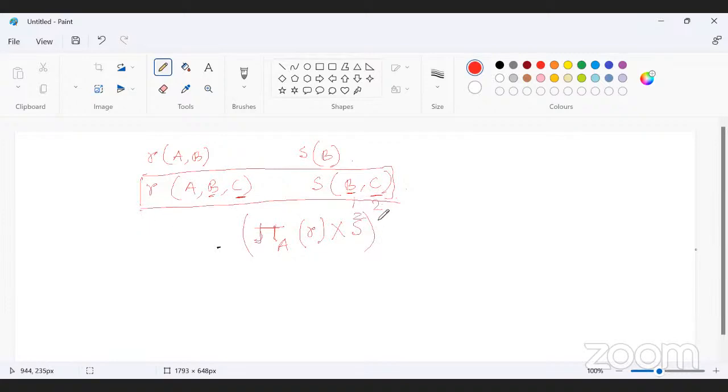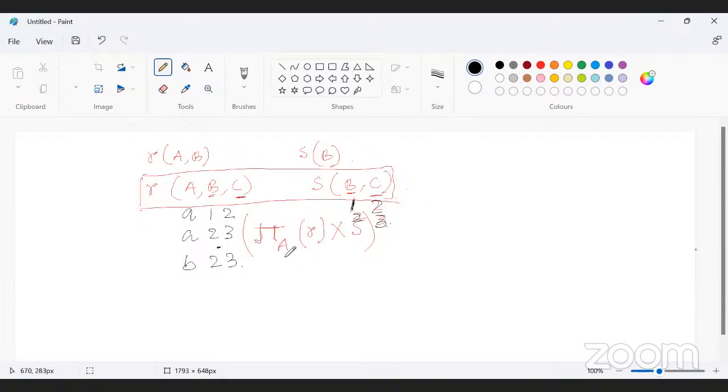R has the tuples A 1, 2, A 2, 3, and B 2, 3, and S has 1, 2 and 2, 3. Clearly you have the idea; the answer is A. You have to find it using this expression.